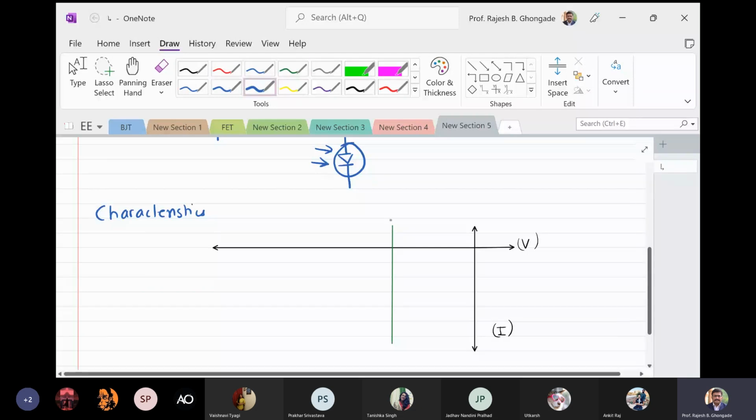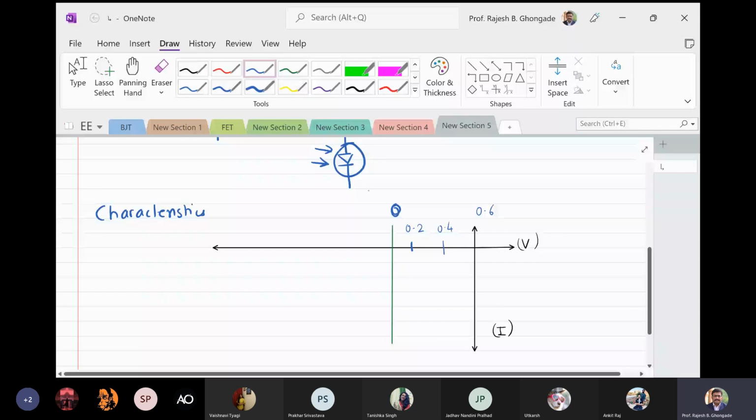So this is 0. Okay, this is, let us say, point 2, this is point 4, and this is point 6. So I've shifted the axis this way.